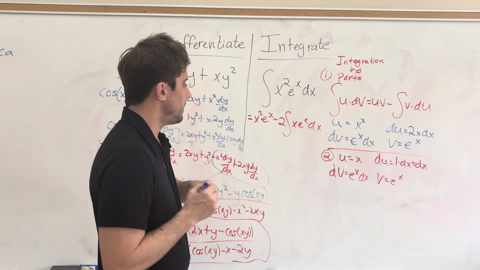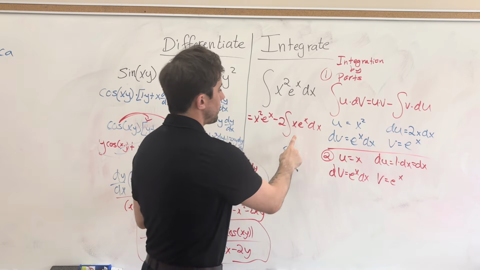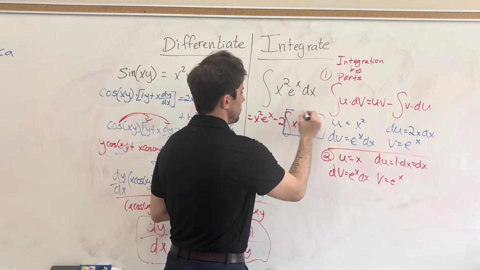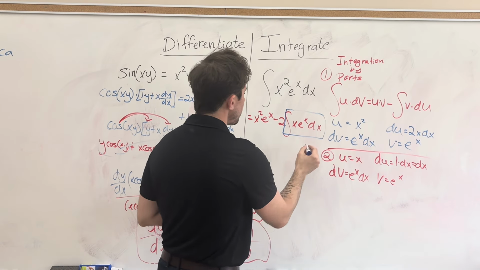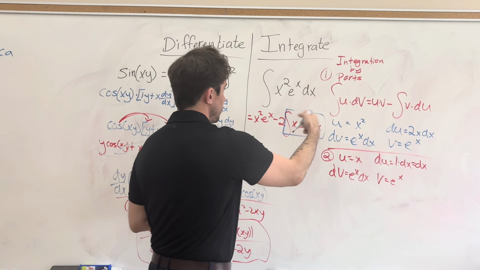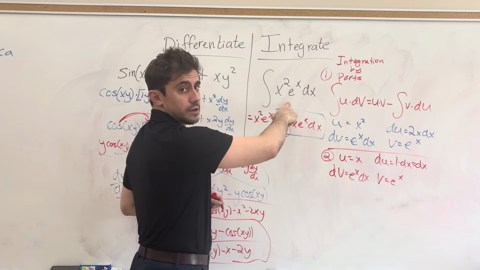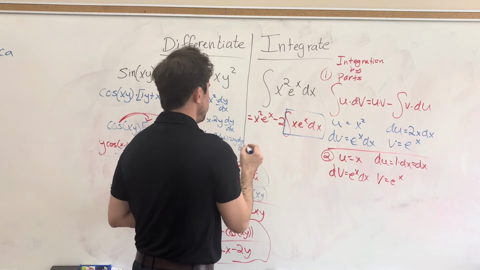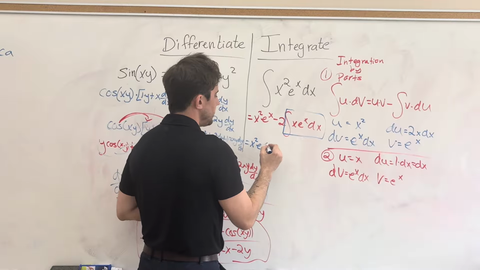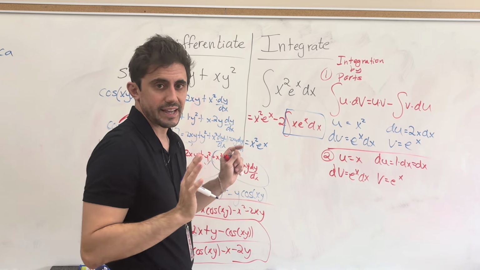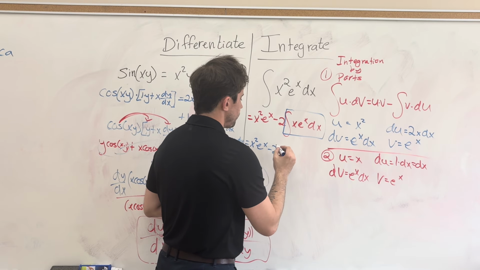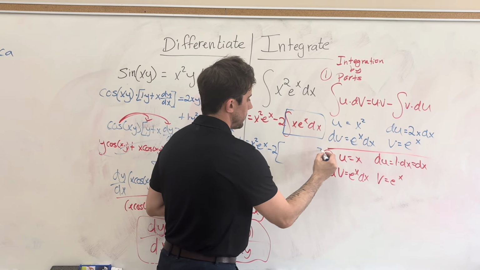So now what we can do is, again, rewrite this integral in this way. And so now the original integral, what we're after all working to evaluate, is going to be x squared e to the x, this stuff that's already accounted for, minus 2 times this whole thing, right?